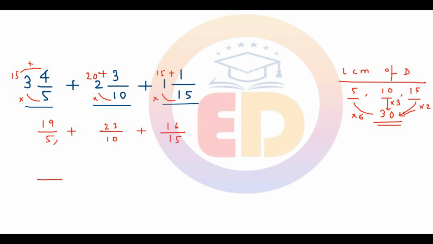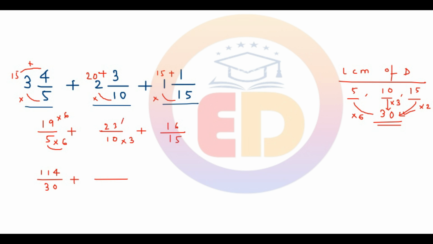To convert 5 to 30, multiply by 6. And if we are multiplying the denominator by 6, we have to multiply the numerator also by 6. 19 into 6 is 114 upon 5 into 6 is 30. Plus, to convert 10 to 30, multiply by 3.